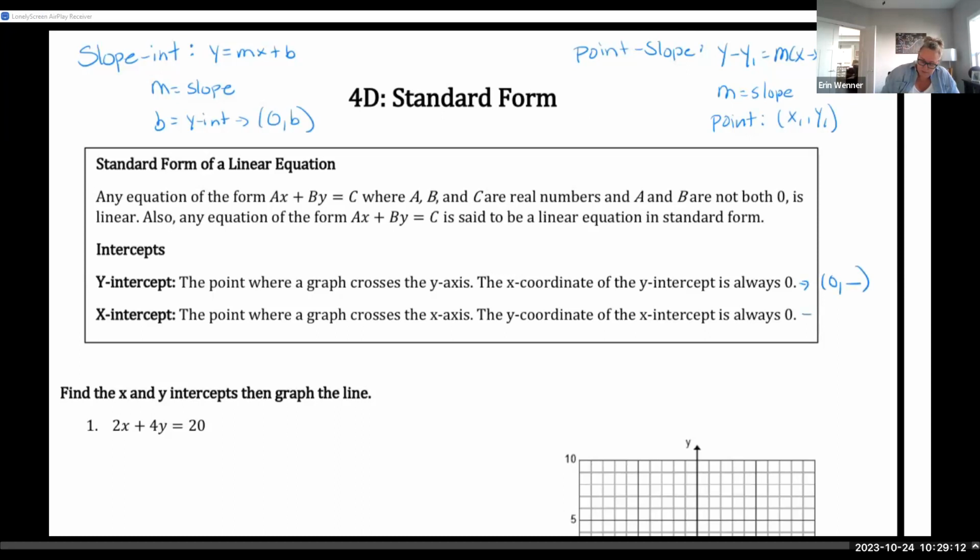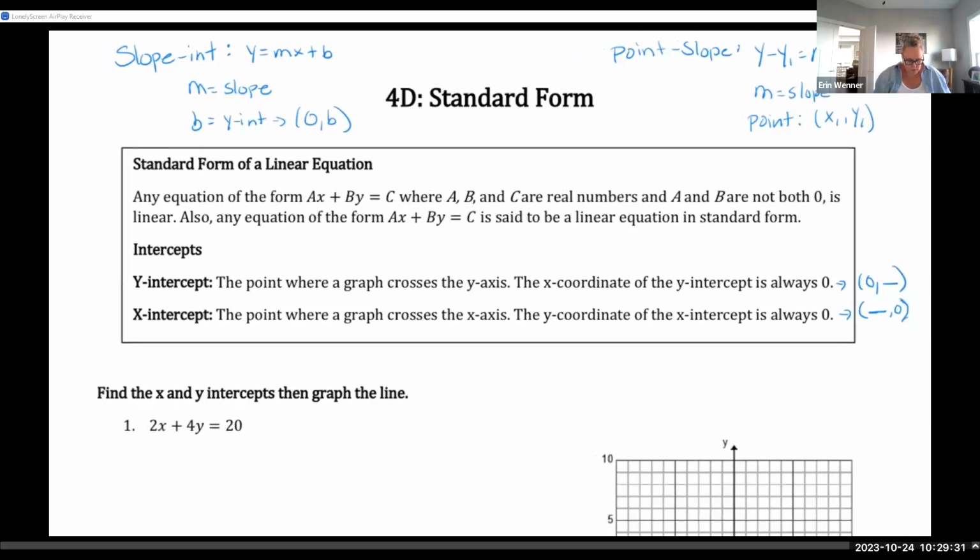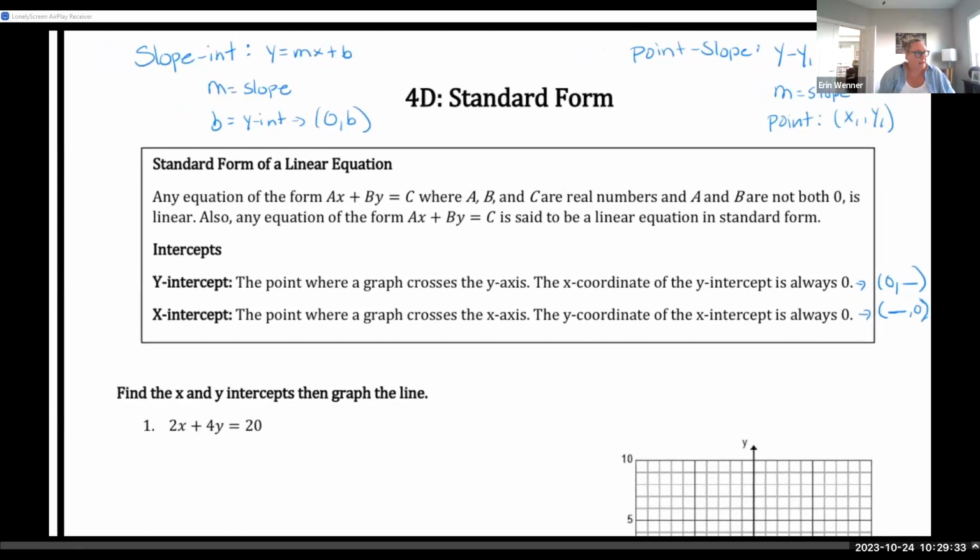So if we wrote it as an ordered pair, we'd have some value for x, but then 0 for y. Now, why is this helpful? It's because it can make it easy for us to identify those 2 points to graph the line, okay?